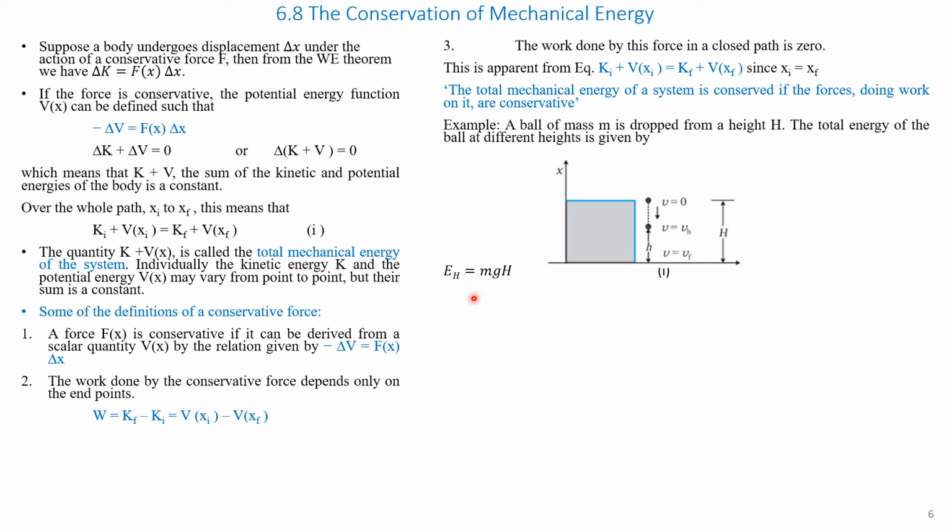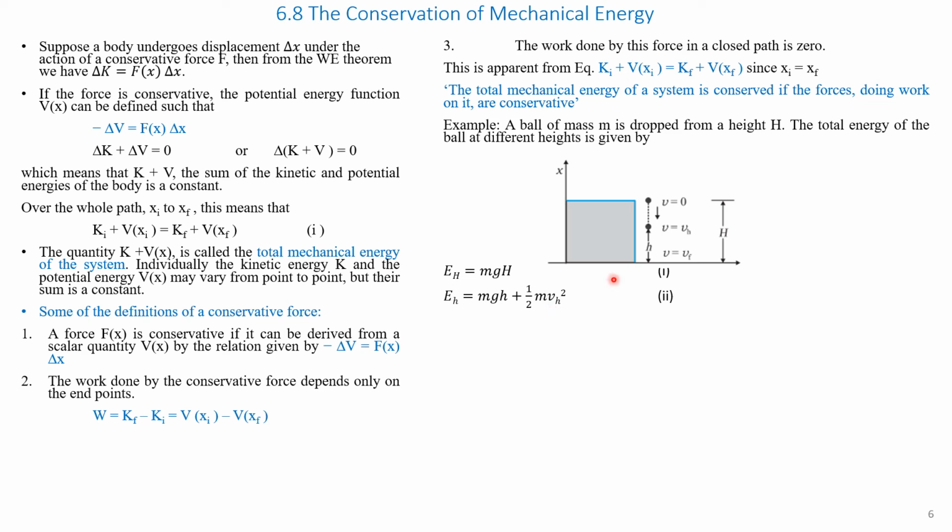So at capital H, the energy is potential energy, that is equal to mgH, equation 1. In the intermediate position, at the height small h, E(h) is equal to mgh plus kinetic energy half m vh square.